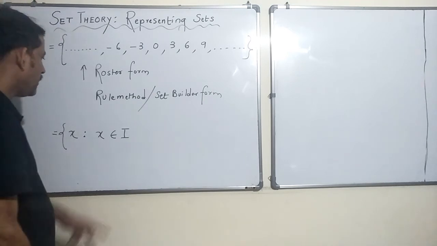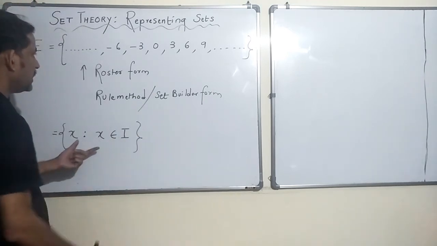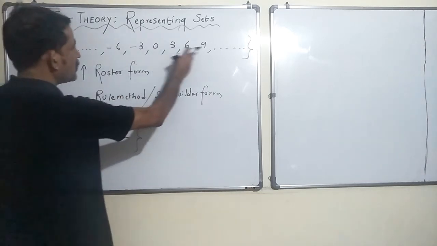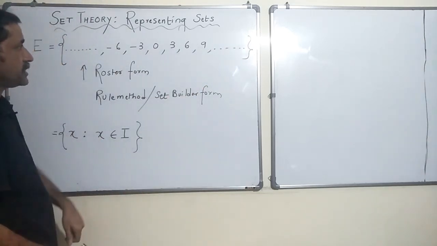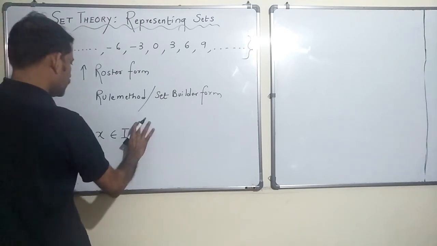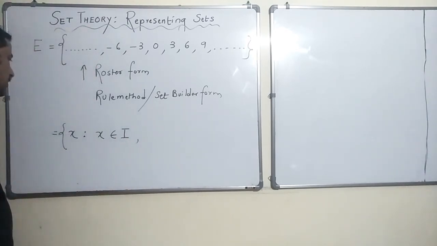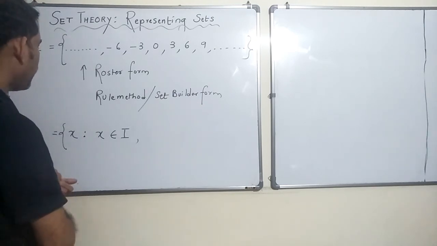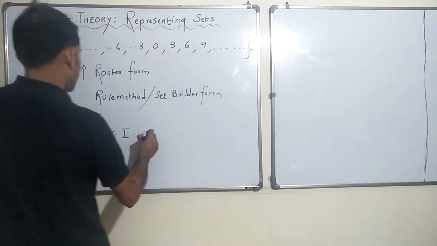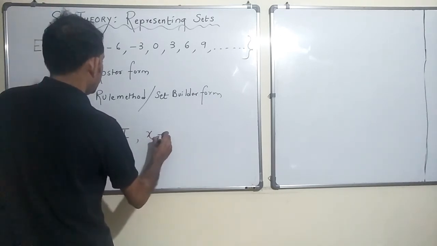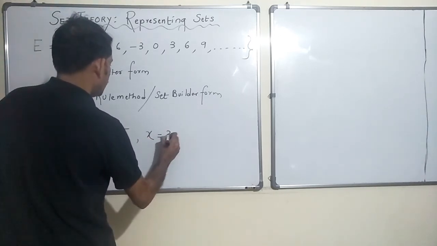This is fine. If I only leave it here, it means that it will be minus 1, minus 2, minus 3, minus 4, minus 5, minus 6, 0, 1, 2, 3, 4, 5, 6, right? We need to capture the multiple part somewhere, so we have to add something after this. Can I say x equal to 3n?